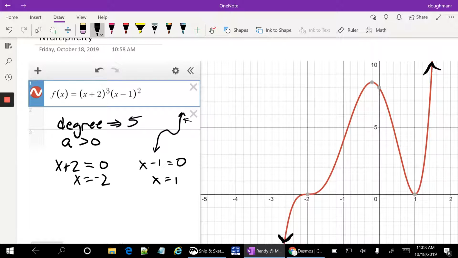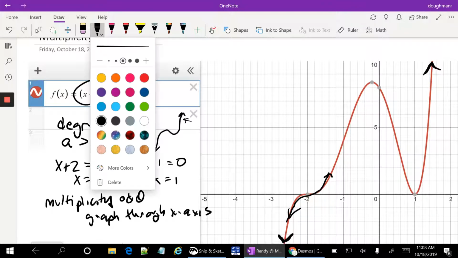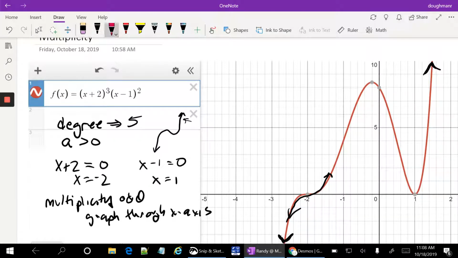Well, you'll find out that with the multiplicity we're talking about, if it's odd, in this case the x plus 2 to the third power, then the graph passes through the x-axis. So that's if we get an odd multiplicity.